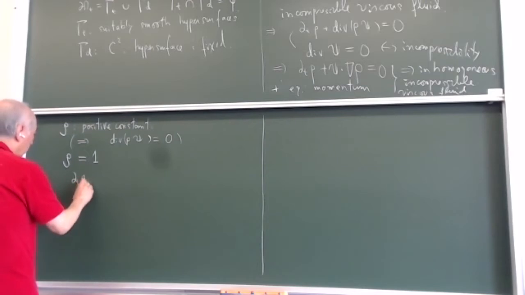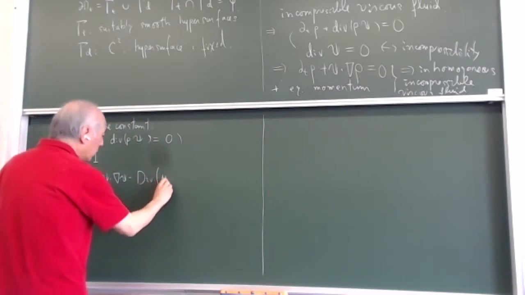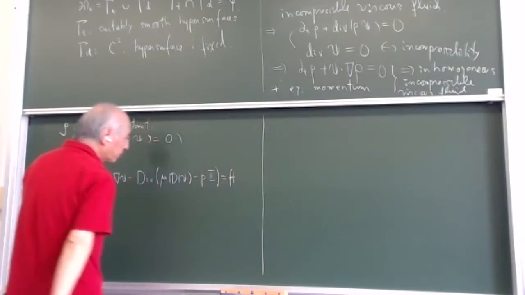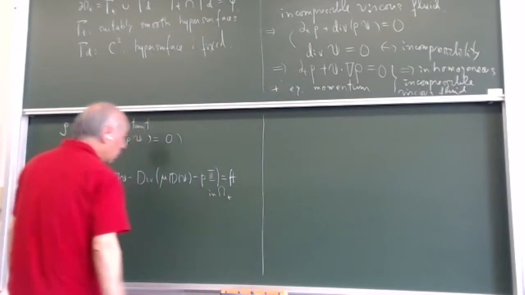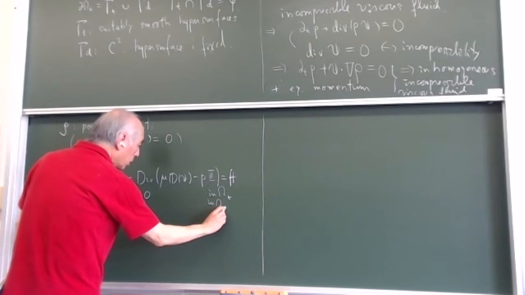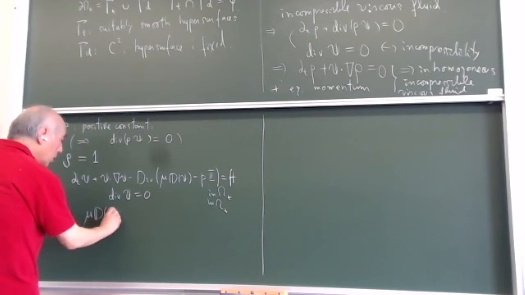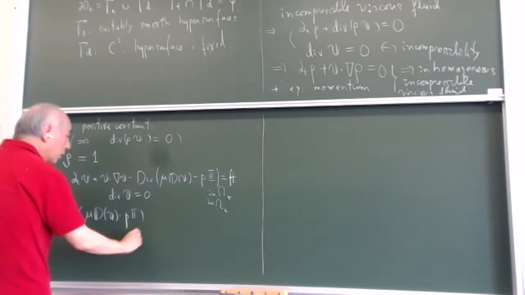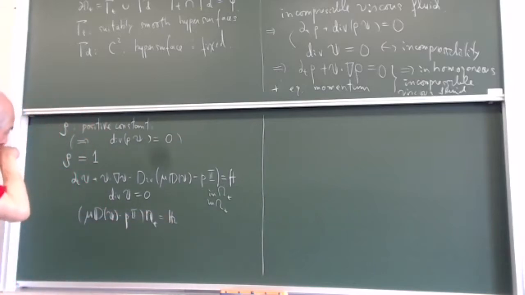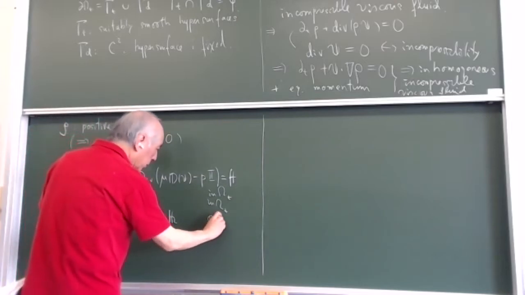The time derivative of v plus v dot nabla v minus the divergence of the stress tensor equals f, and the divergence of v is 0, and then the boundary condition on Gamma_t, which includes the surface tension case, but so far, for a while, I write it this way.